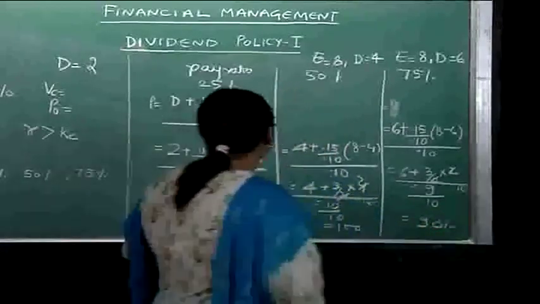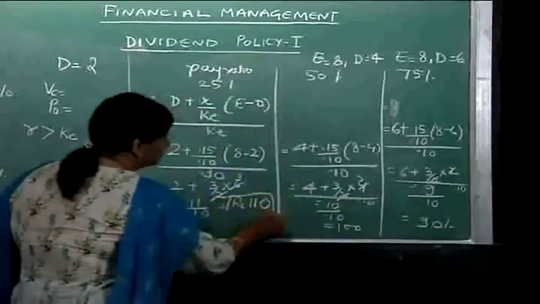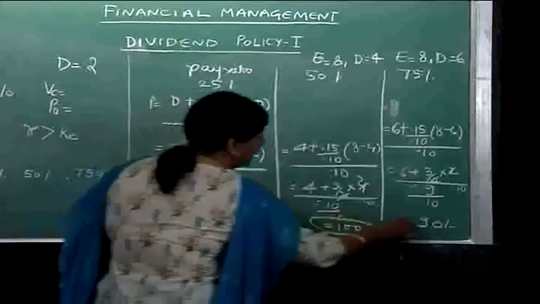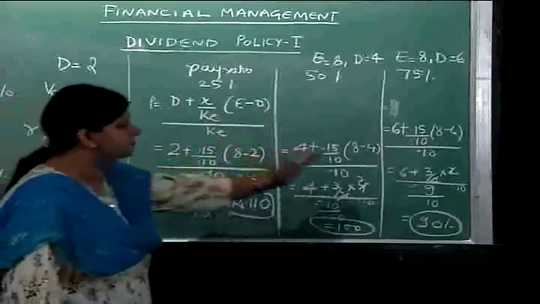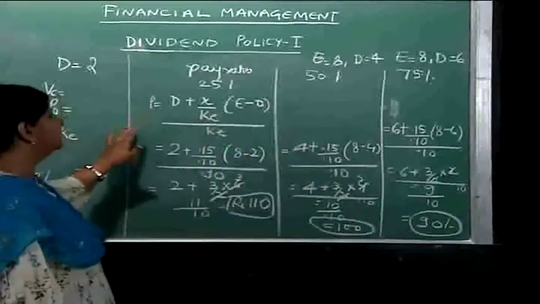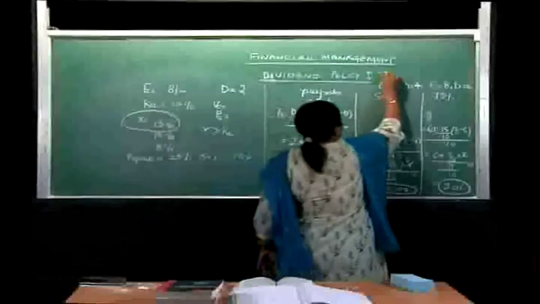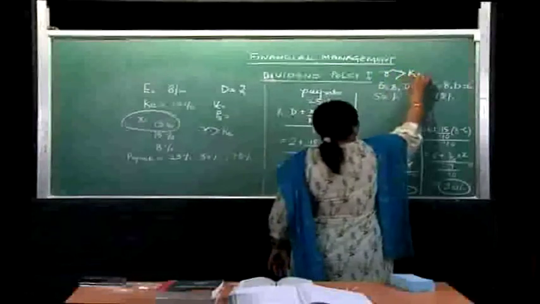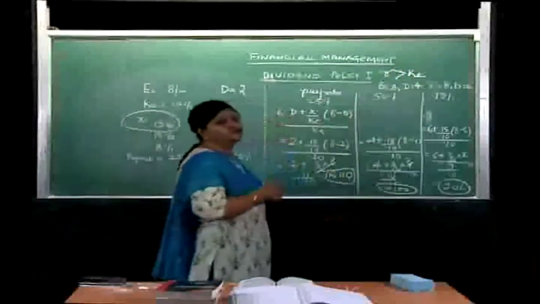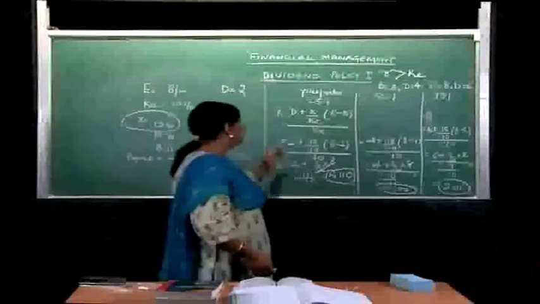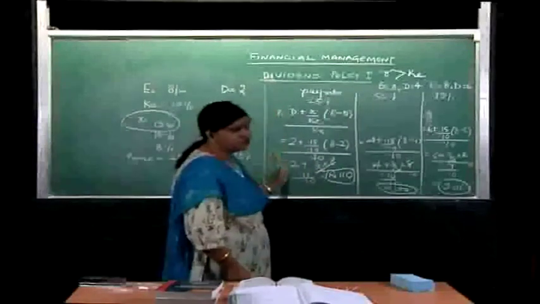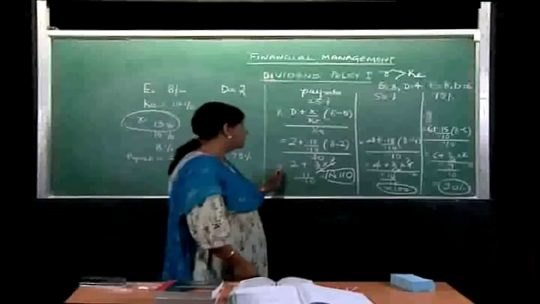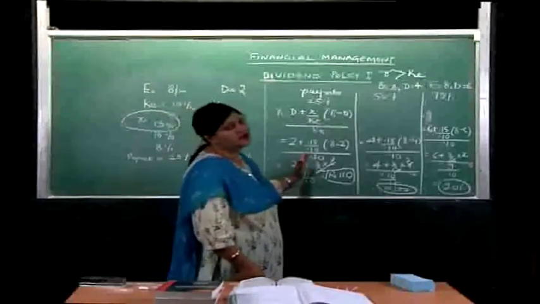So we can see that lesser the payout ratio, higher is the rate, and as we increase the payout, the price is going to decline. So we can say that where R is greater than KE, the retention ratio should be high, and where the retention ratio is on a higher end and payout ratio is at lower end, we are getting the market price of the share as higher.